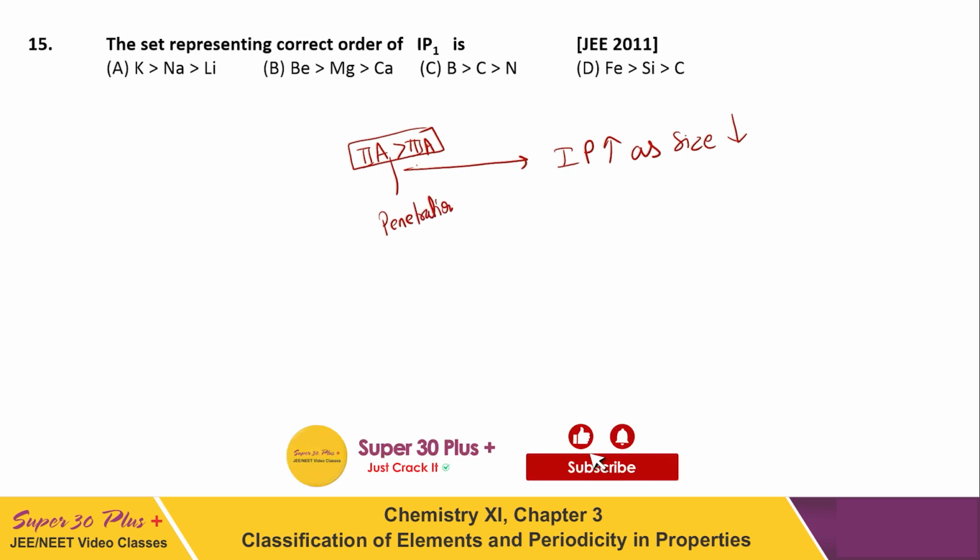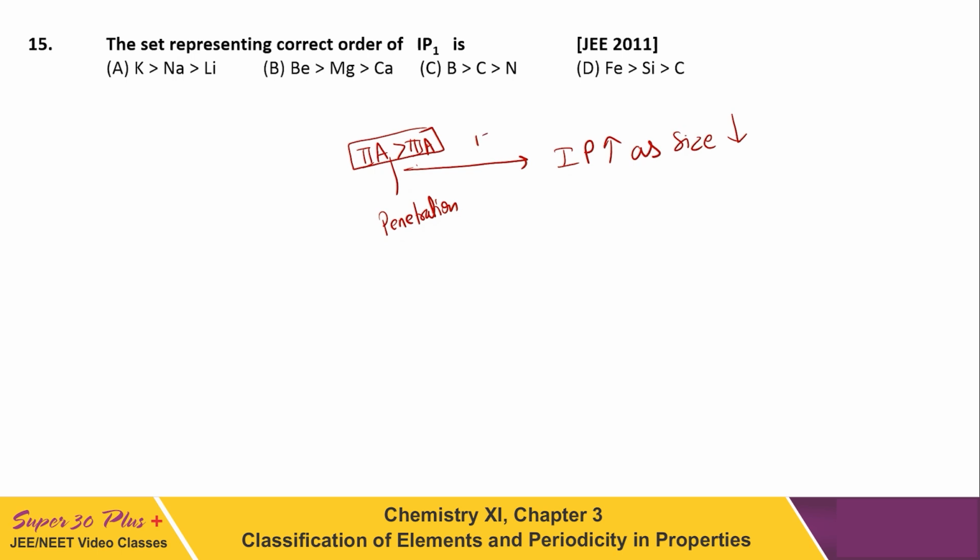It is difficult to remove an electron from S subshell rather than P, because it is closer to the nucleus. And also there is an exception in group 15 and 16, nitrogen family and oxygen family. Because of the p3 configuration of the nitrogen family, their IP becomes more than the corresponding 16th group member.